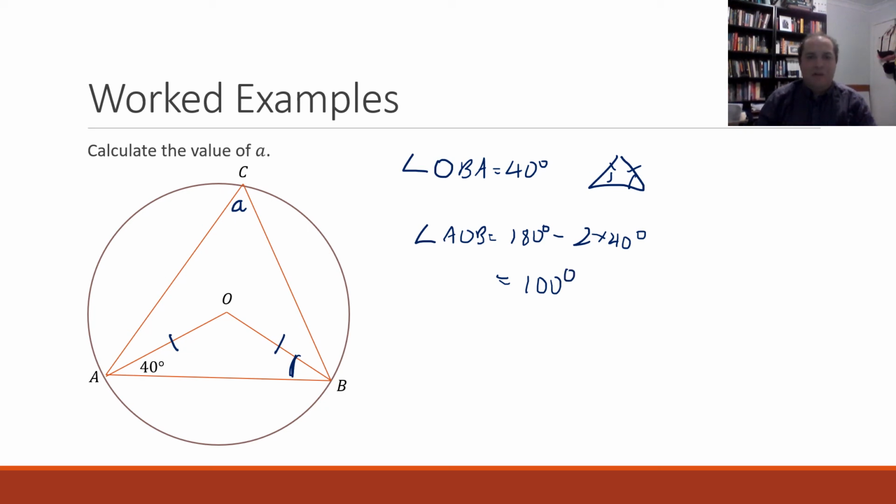Then we also know that 2 times A, 2 times our angle at the top here, is going to be equal to 100 degrees, this angle here at the center. Because we know from our chevron rule, or our arrow rule, the angle at the center is double the angle made at the circumference.